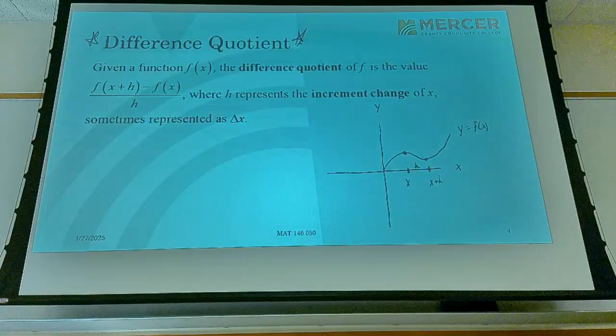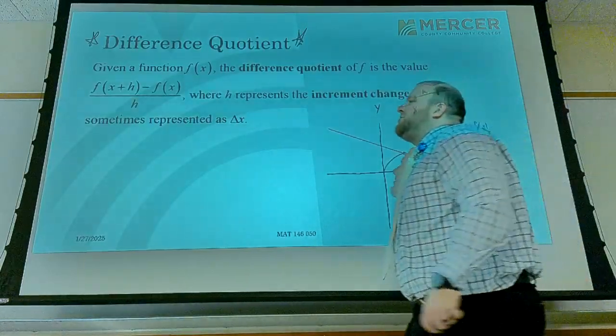Take a look at that line. The line that passes through those 2 points. That kind of line has a special name. Does anyone know what that line is called?